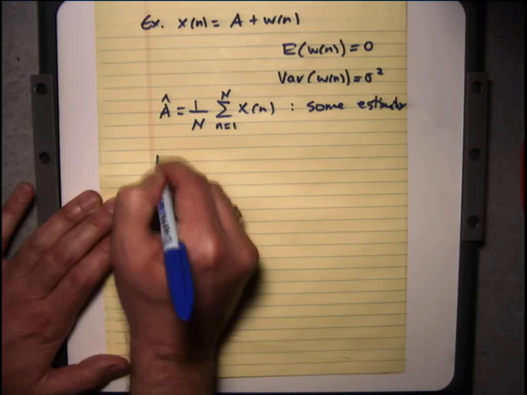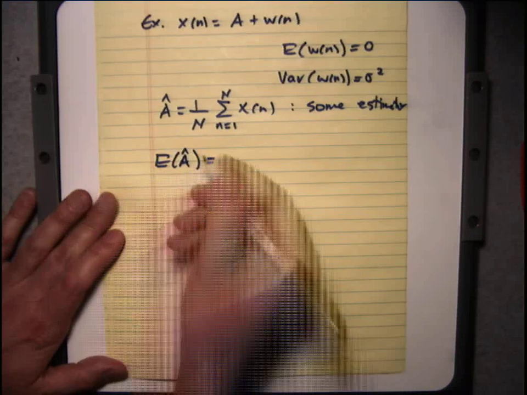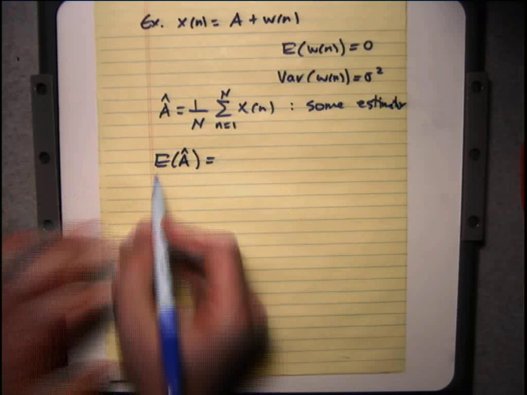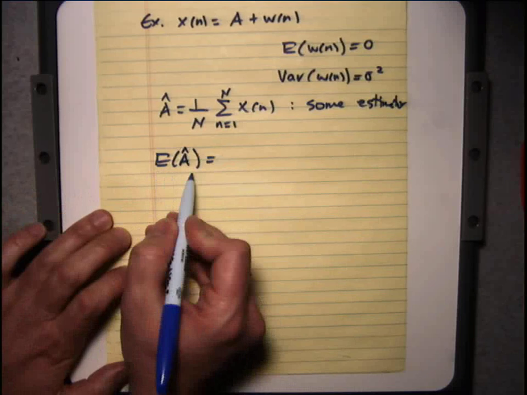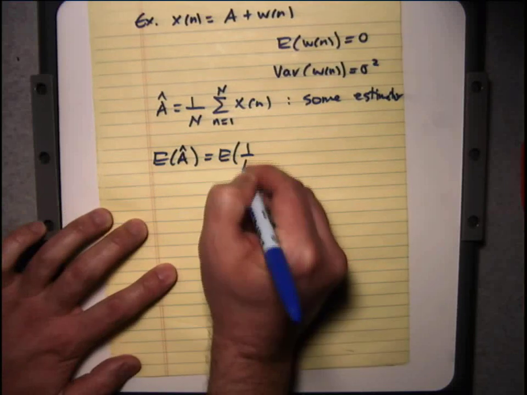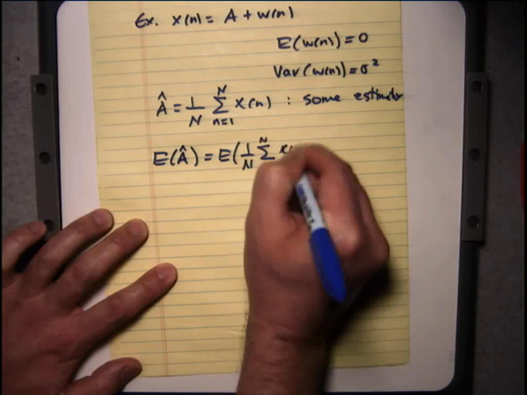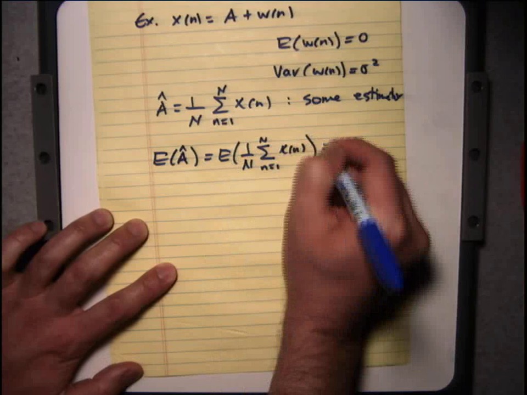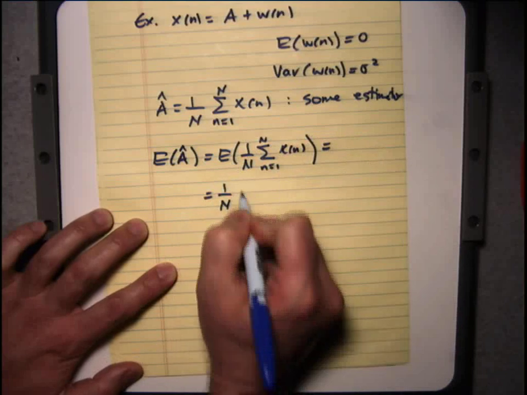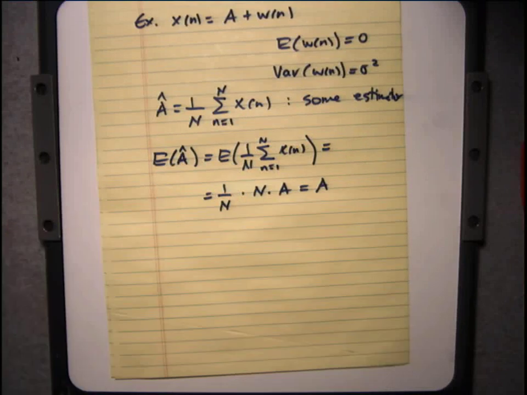First of all, on average, what does this estimator give you? On average, does it give you the right answer? The way I find that out is by computing the expected value of the estimate. And this is the expected value of 1 over N, sum n equals 1 to N, x of n. And of course, this is going to be 1 over N times N A, which is A. Okay?